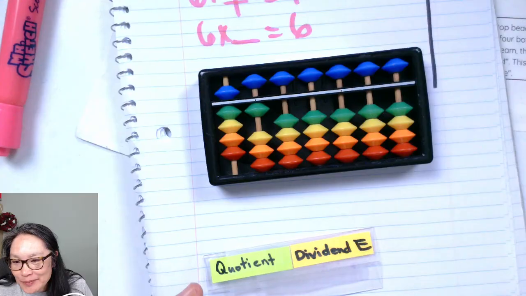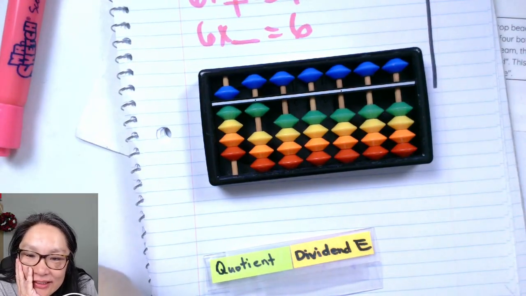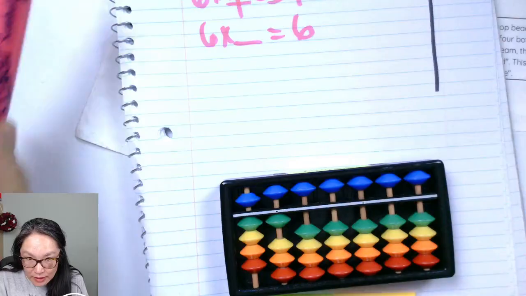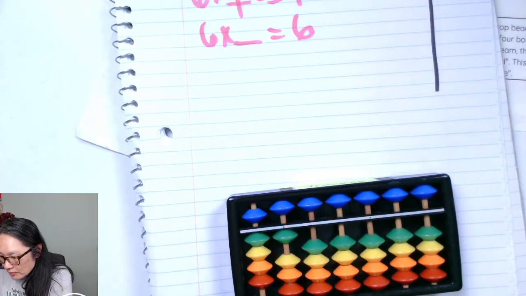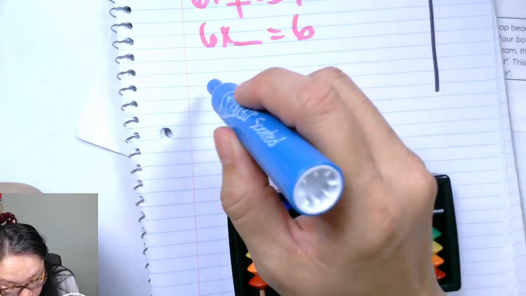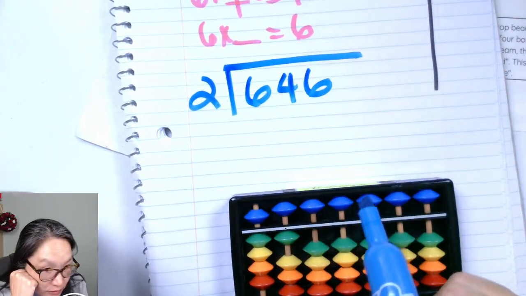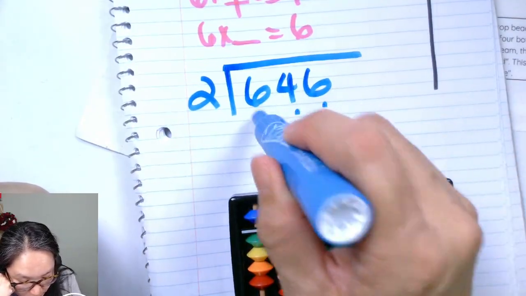All right. Let me see. Okay, we'll do this one. This one's easy. This one's good because the numbers are easy. So we'll do this one. 2 divided by 646. Okay. So again, what are we going to do? 1, 2, 3, and then 1.